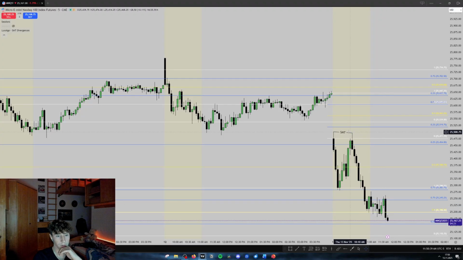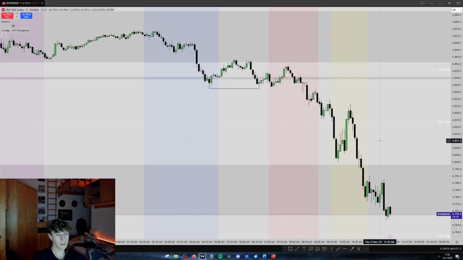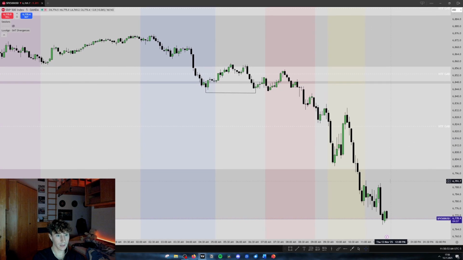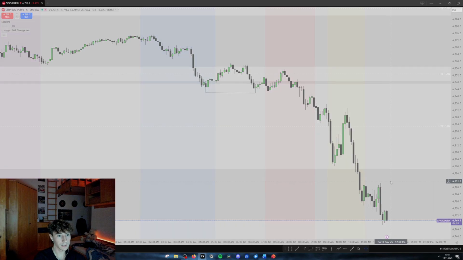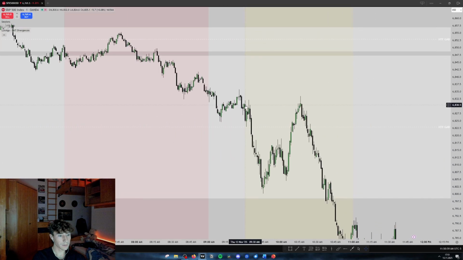As you already see right here, we had SMT. We did not take out the high from 9:30, but ES did that. I will show you right now. Right here is ES. We had our 9:30 opening right here, and we traded higher.